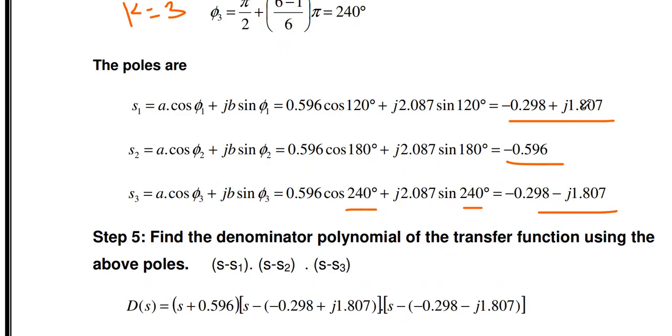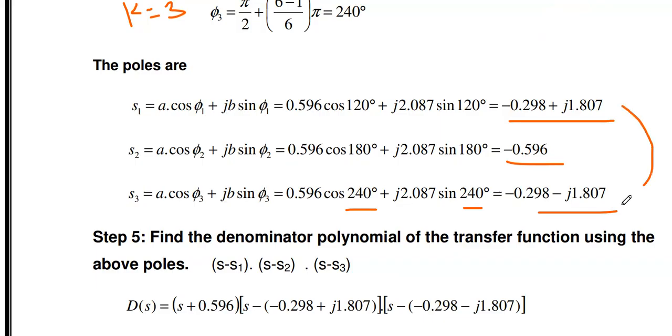In the previous problem, we solved n equal to 2. So in that, there are only two poles. I told you in the Chebyshev filter that the two poles are complex conjugate poles. But here in this problem the order of the filter n equal to 3. So there are three poles. In three poles, two poles are complex conjugate, one is different.